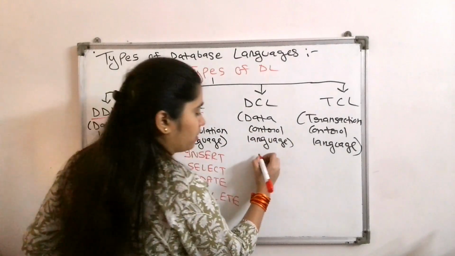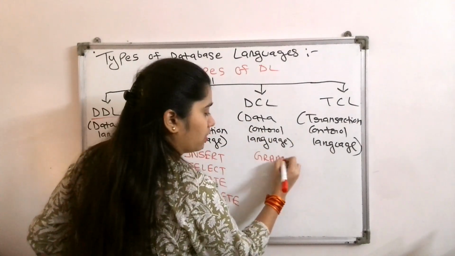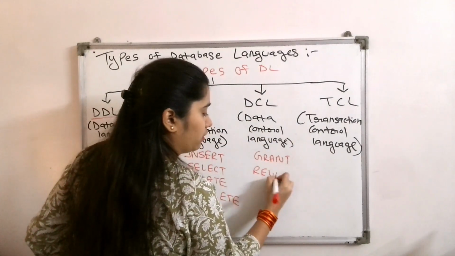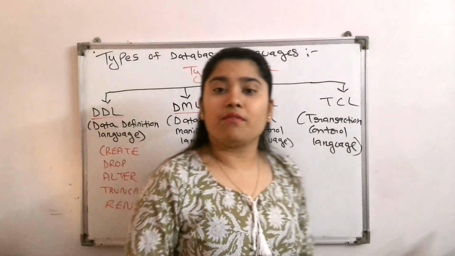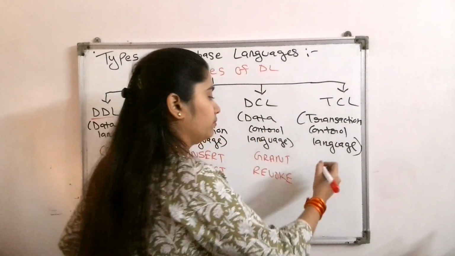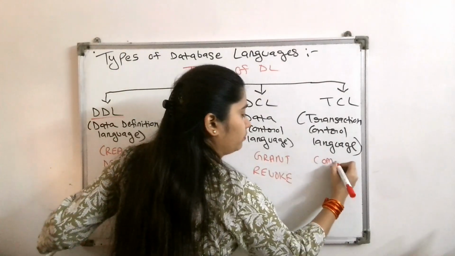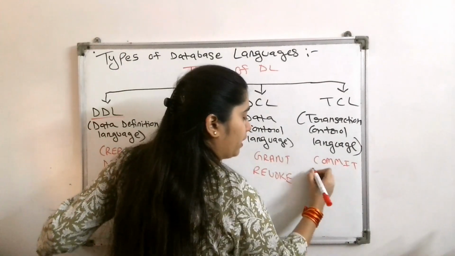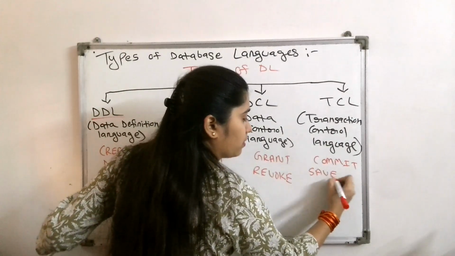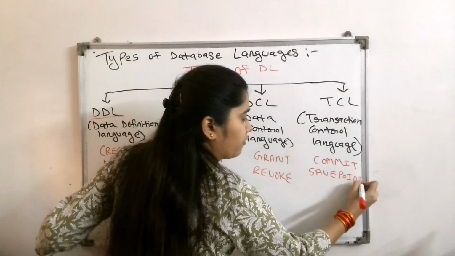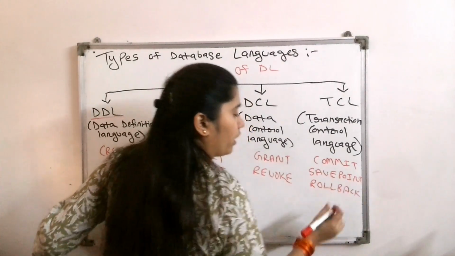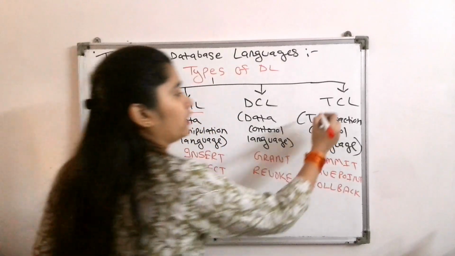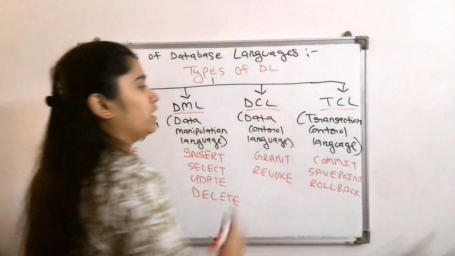It has commands like grant and revoke. Then fourth is TCL, which has commands like commit, savepoint, and rollback. Okay, these are the commands which are used in the TCL and these are in the DCL.